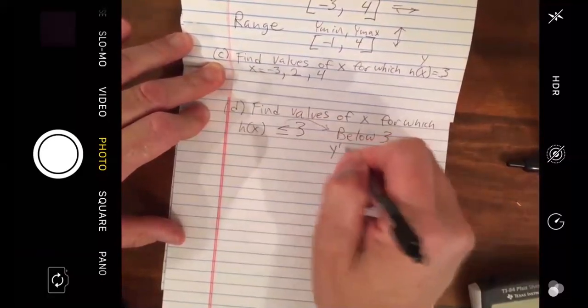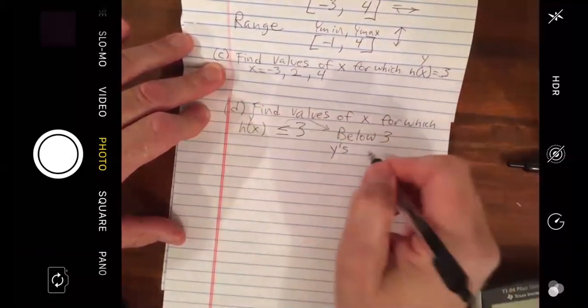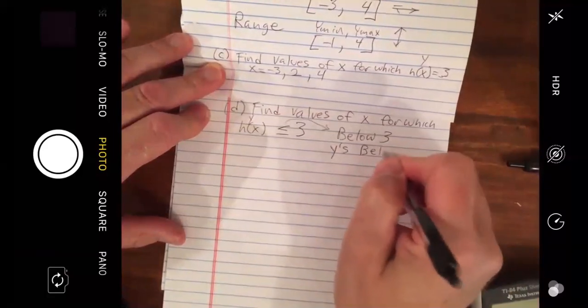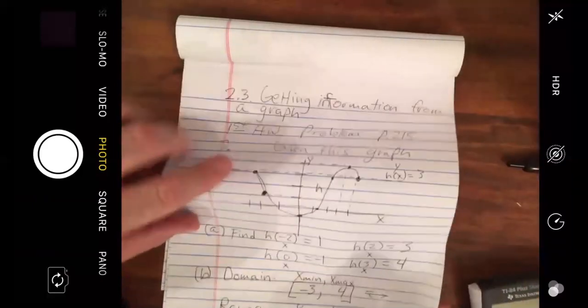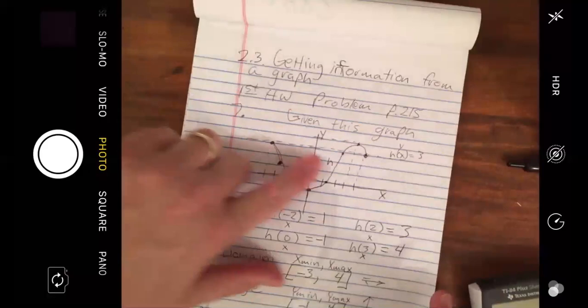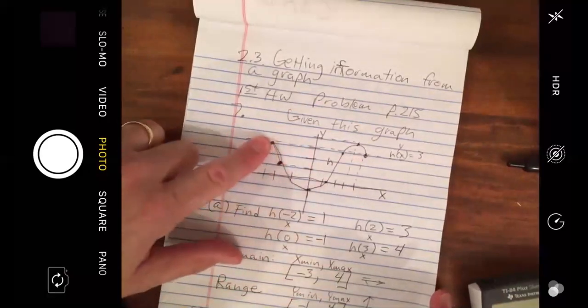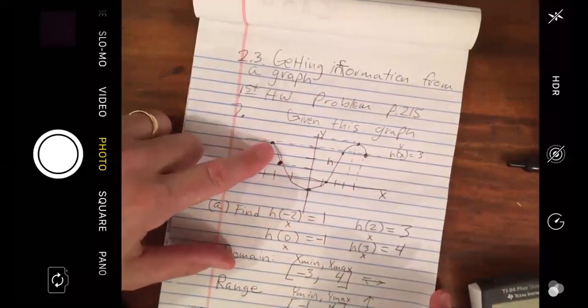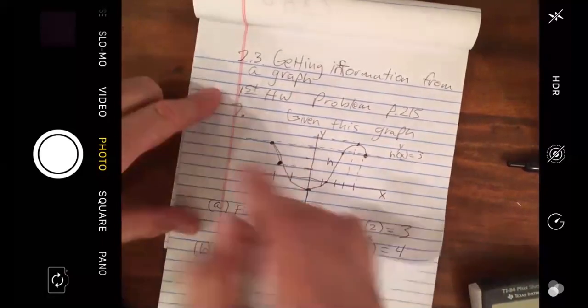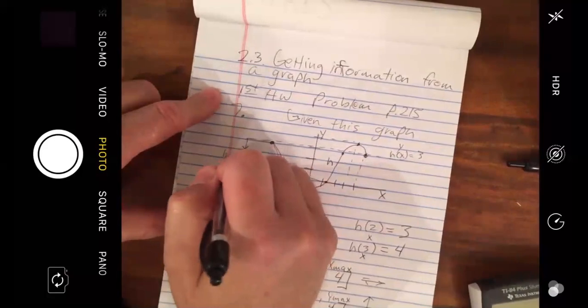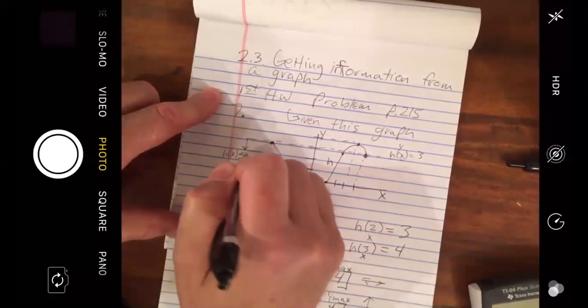Your Y's, remember this is Y, are below 3. So if you look at your line, there's exactly 3. You want your X's below 3. Draw it up here. H of X less than or equal to 3.